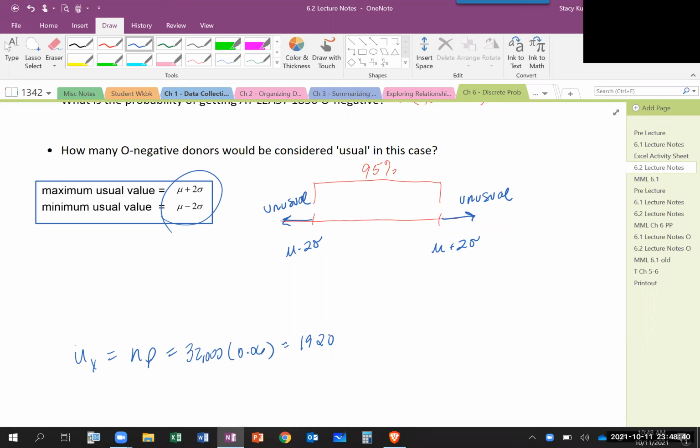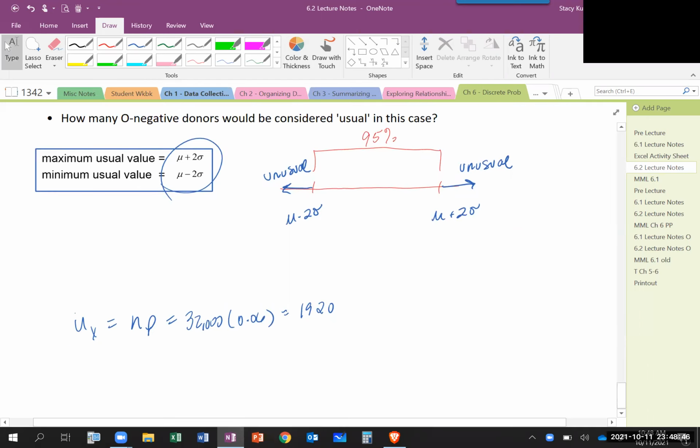Because I've got the mean now, how am I going to find the standard deviation? N times P times 1 minus P. That's right. N, P, 1 minus P, all under the square root symbol. And to the nearest whole person, tell me what that value is.